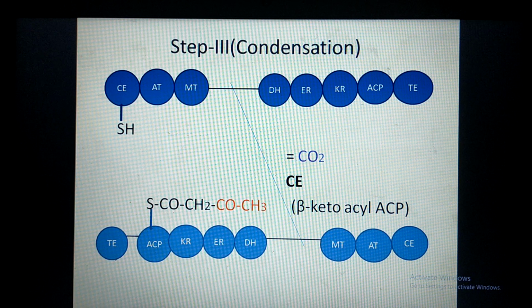So in this case, first decarboxylation occurs where CO2 is removed from malonyl group. Then COCH3 from condensing enzyme is transferred to that decarboxylated malonyl group to form beta ketoacyl ACP. Here at beta carbon, keto group is regenerated, therefore it is called beta ketoacyl ACP. For this condensation, condensing enzyme plays an important role.